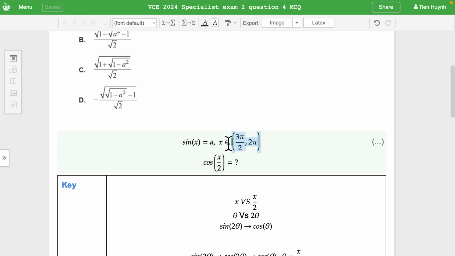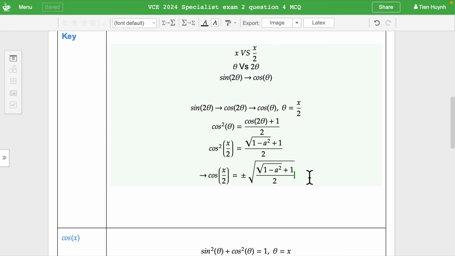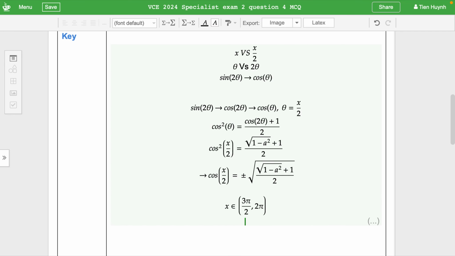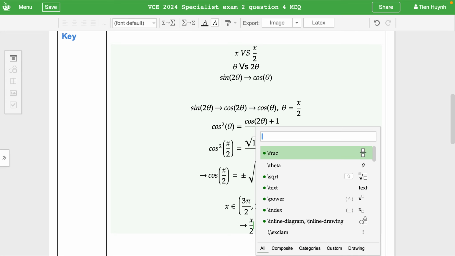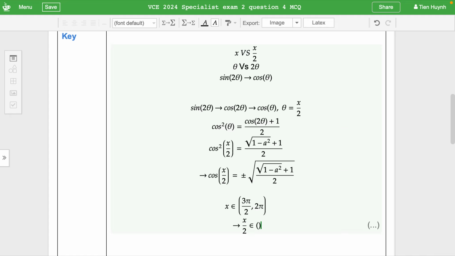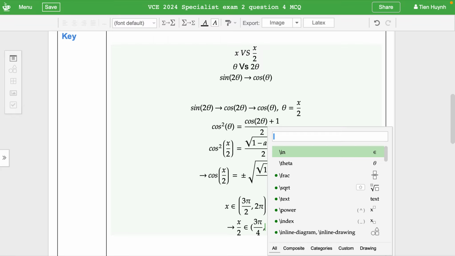We know that x belongs to this quadrant, therefore the angle x over 2 belongs to the range from 3 pi over 2 divided by 2, which is 3 pi divided by 4, to 2 pi divided by 2, which is pi.